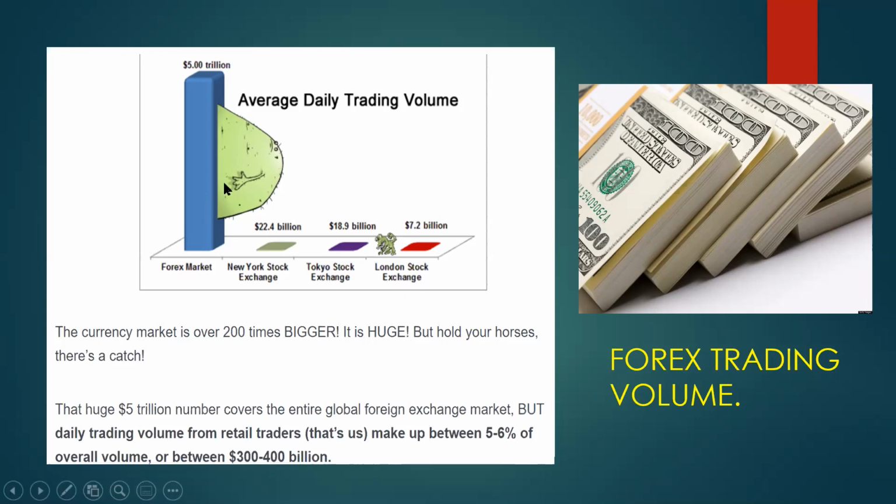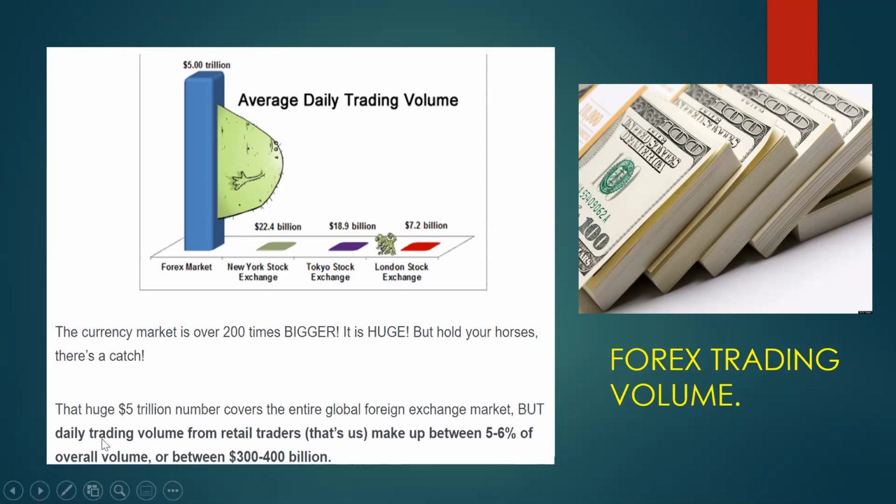So that makes it big, and there are a lot of players in the market. The currency market is over 200 times bigger, huge, compared to other markets.